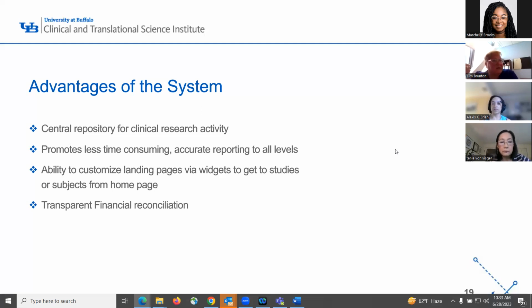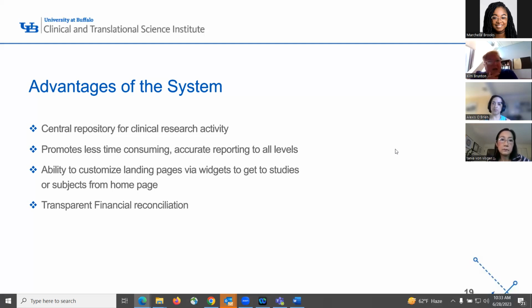That tells us when things are approved, when things are amended, because a lot of times there are financial things surrounding an amendment, or if reconsenting is required, as well as when studies are closed. So we get all of that updated information that way.